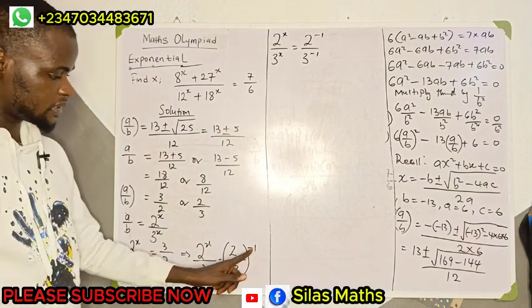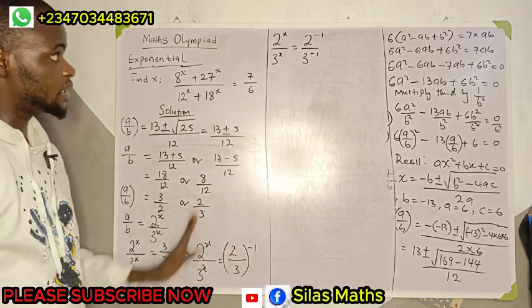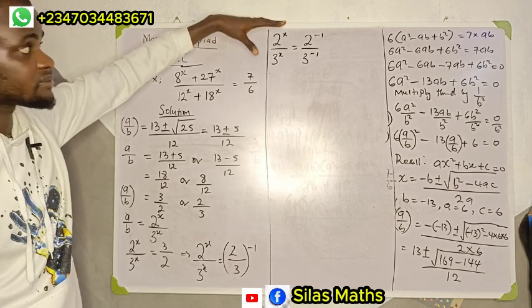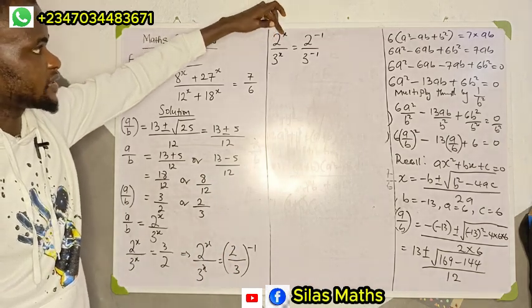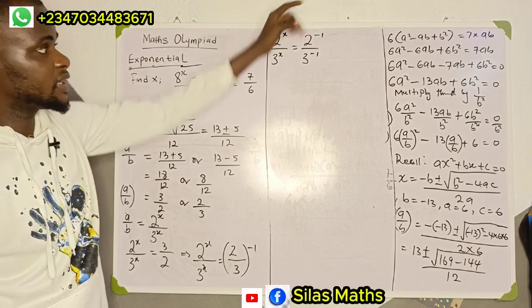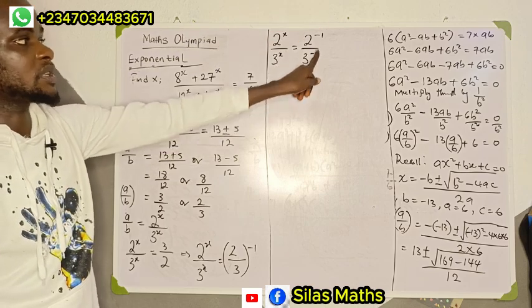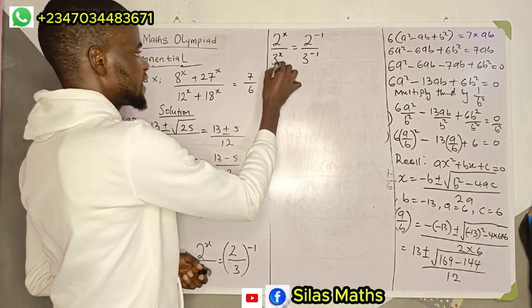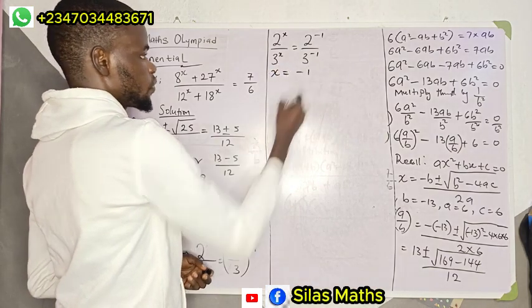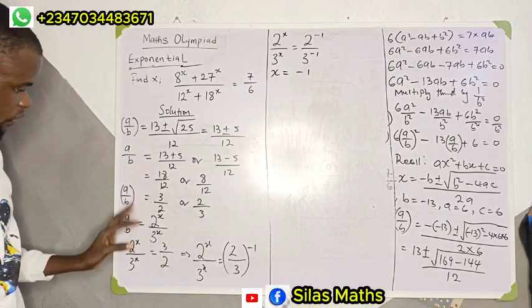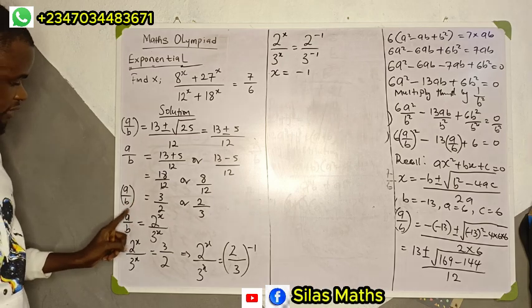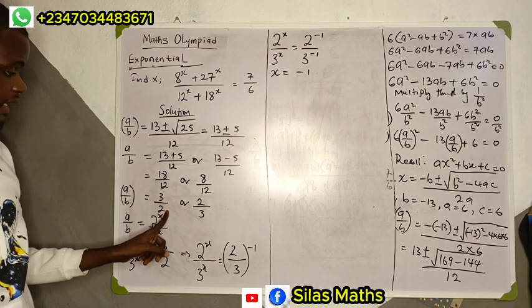That's the power to power law. This power will multiply this one and multiply this one. At this point now, we can see that 2 to the power of X is equal to 2 to the power of negative 1. 3 to the power of X is equal to 3 to the power of negative 1. So we say that X is equal to what? Minus 1. That is the first case where A over B is equal to 3 over 2.